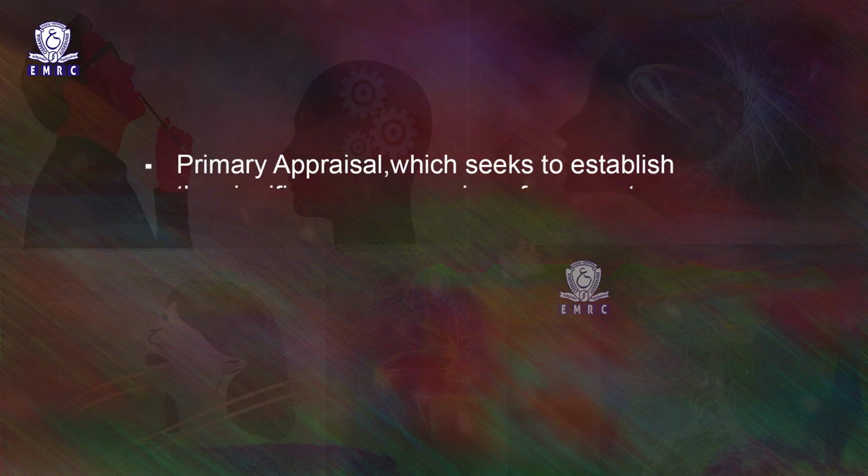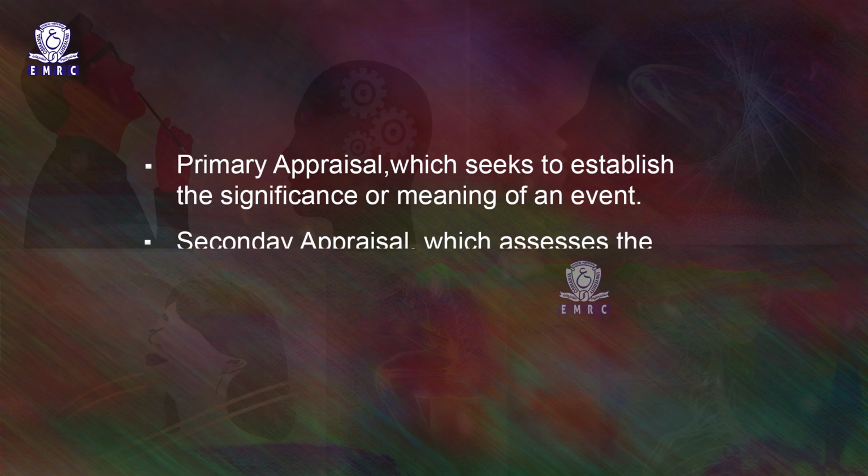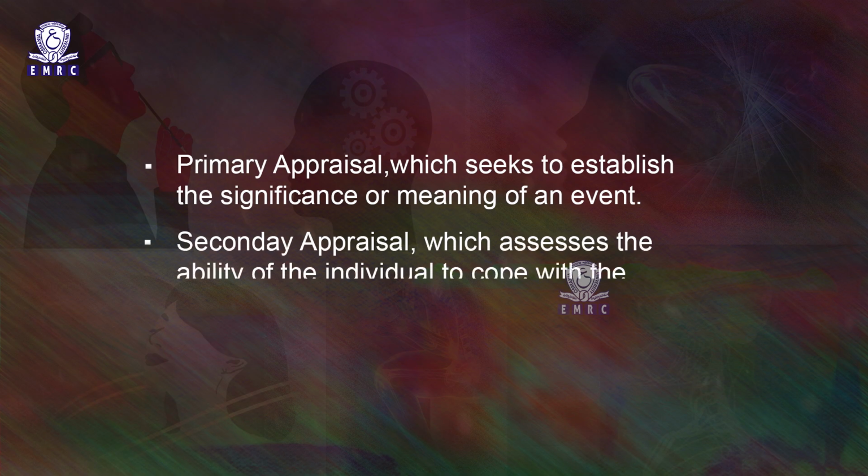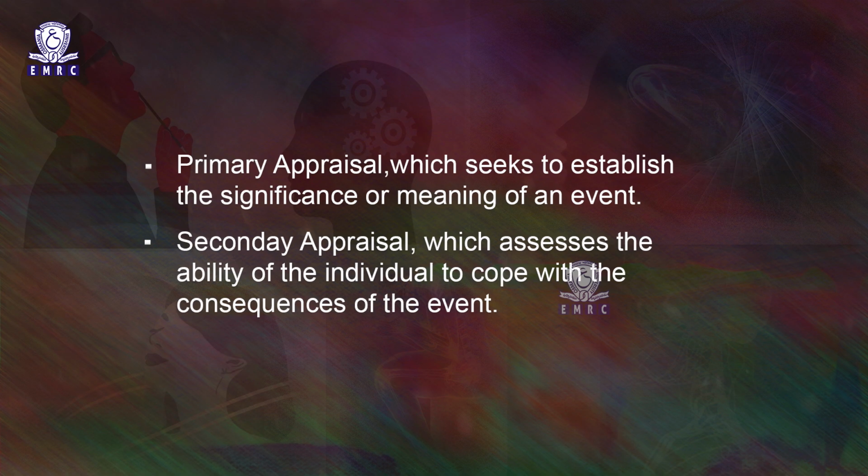In his research, Lazarus specified two major types of appraisal methods. One, primary appraisal, which seeks to establish the significance or meaning of an event, and two, secondary appraisal, which assesses the ability of the individual to cope with the consequences of the event.